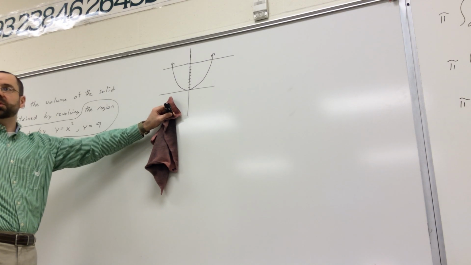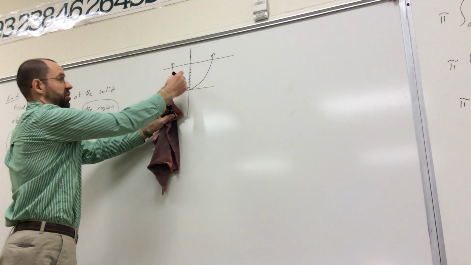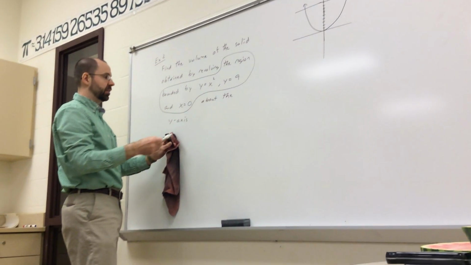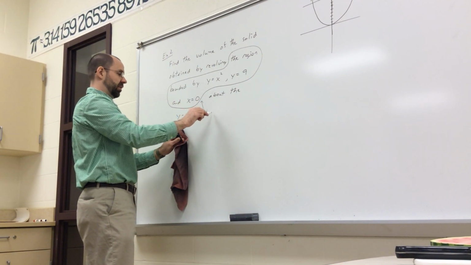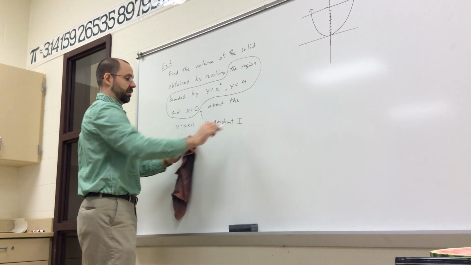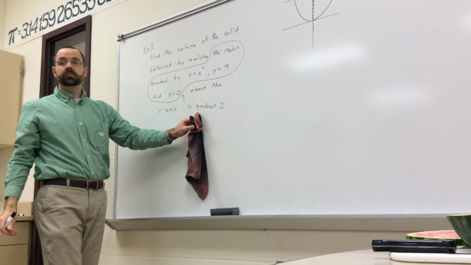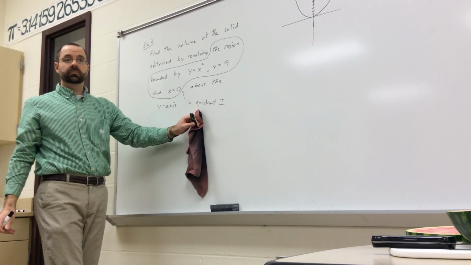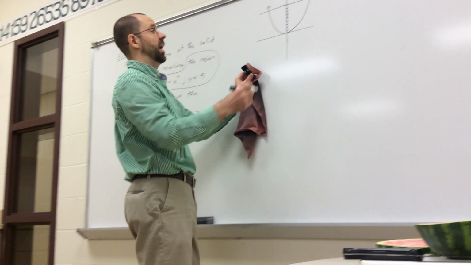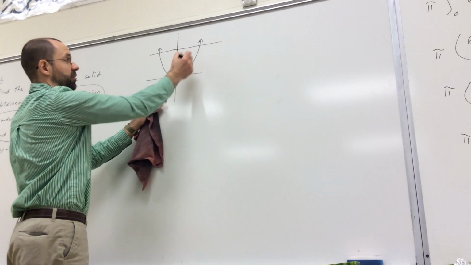So that's a little bit awkward because we have two bounded regions, right? We have this and that. So let me amend the problem and say the region bounded in quadrant 1. Okay, so that means now I just have this bounded region.